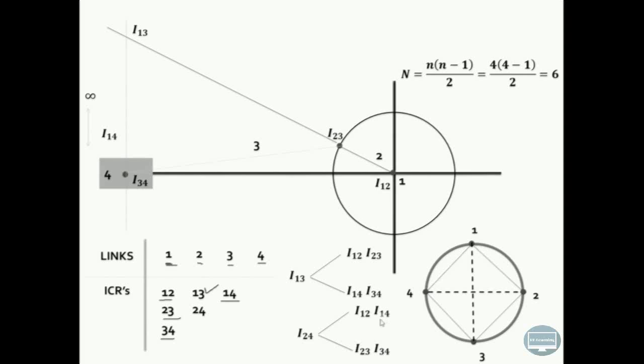So now you can see this 1, 4 is the ICR at infinity, it must pass through this ICR 1, 2. So ICR 1, 2 is over here. Through this ICR draw a line parallel to this particular ICR which is going towards infinity. You can see we have shown it over here by the faint blue line. So this is the ICR 1, 4 which is passing through 1, 2.